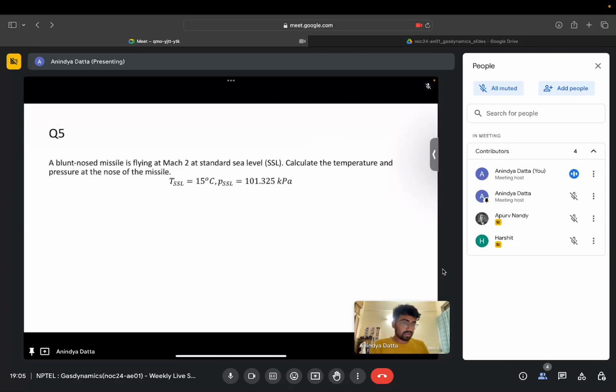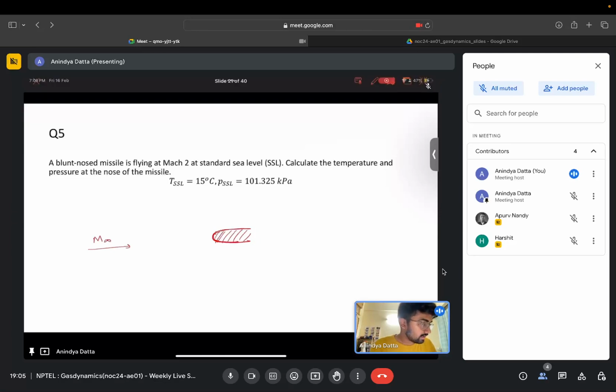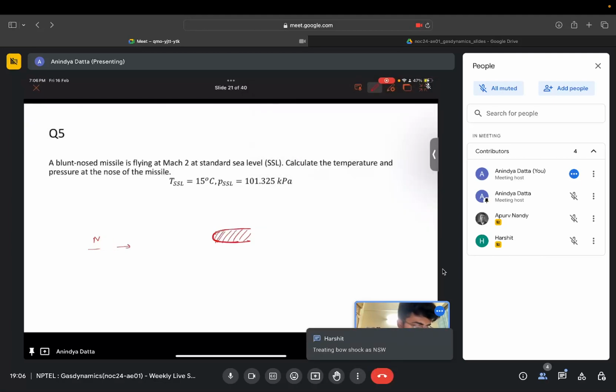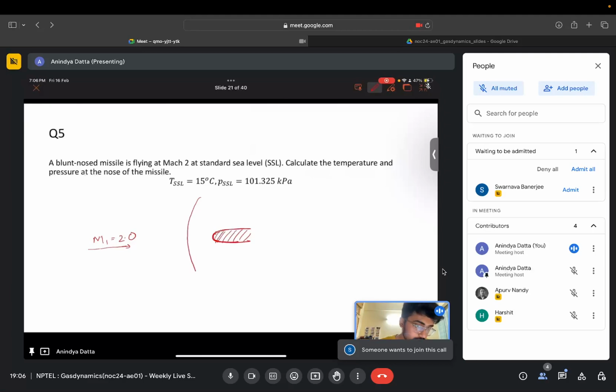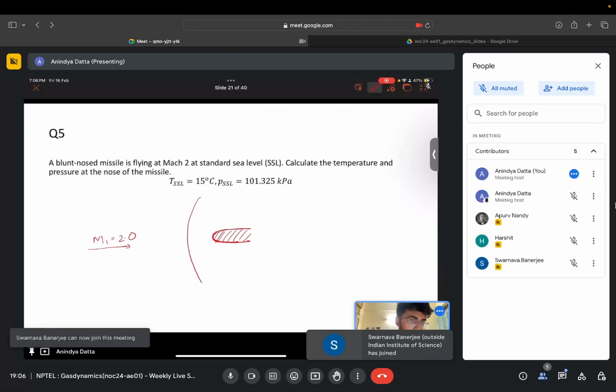But we cannot use a stagnation condition directly corresponding to Mach 2.0, because we have a blunt shaped body, and the free stream Mach number approaching it is supersonic, so we'll get a bow shock.